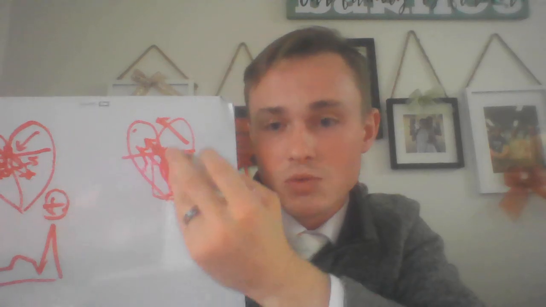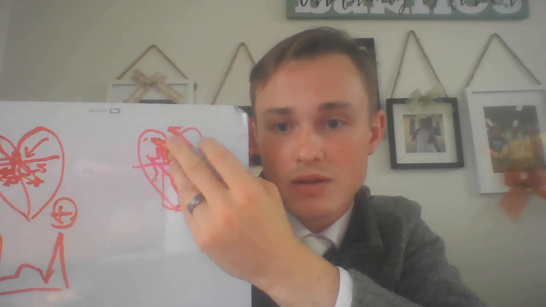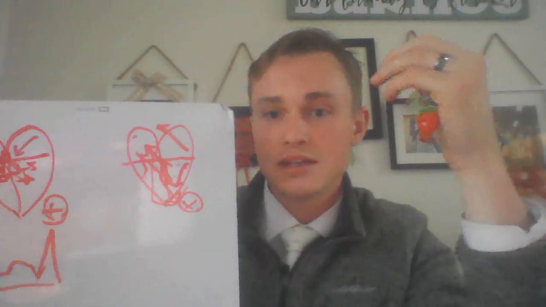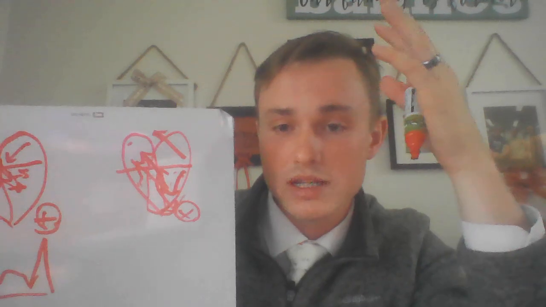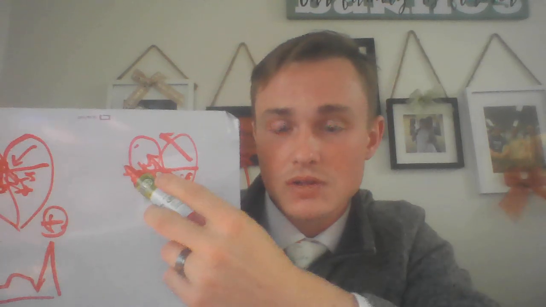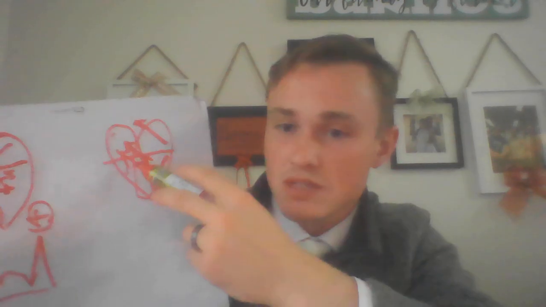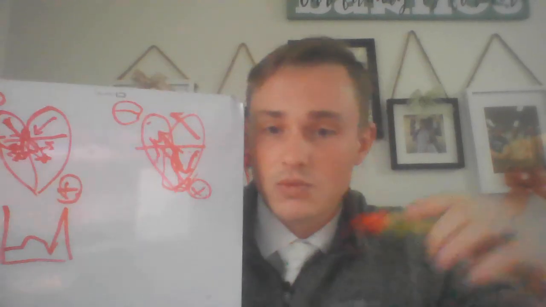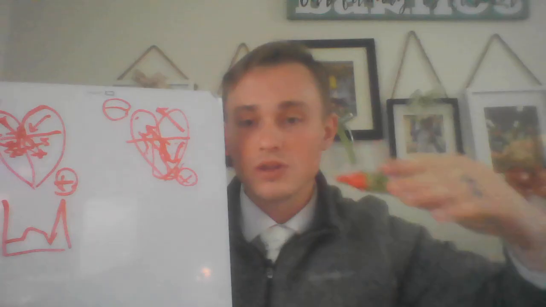Our positive charge will go back with our last part of our heart that relaxes, that repolarizes. It's going to be the SA node. And so since we have a positive tail, and it'll be going towards our negative sensor, we're going to see a little bump go up in our graph again.